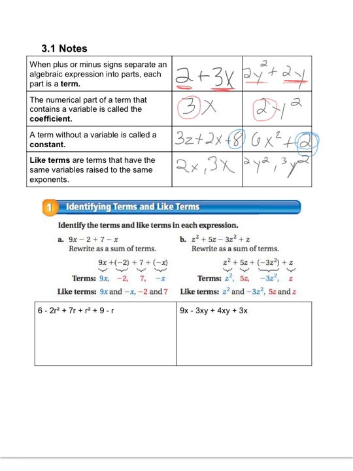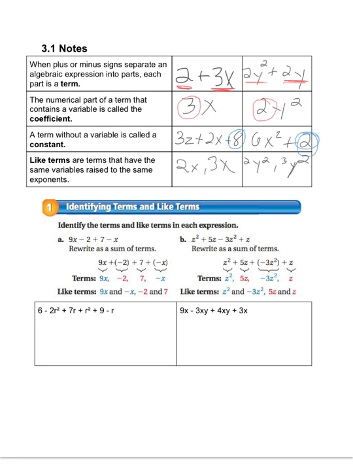Now that we understand our new vocabulary, let's try identifying terms and like terms by looking at this practice expression. We have 6 minus 2r squared plus 7r plus r squared plus 9 minus r.